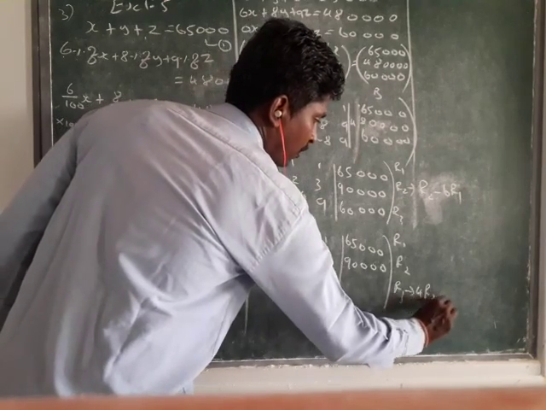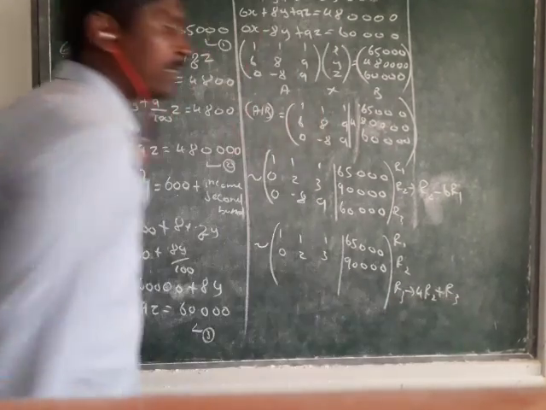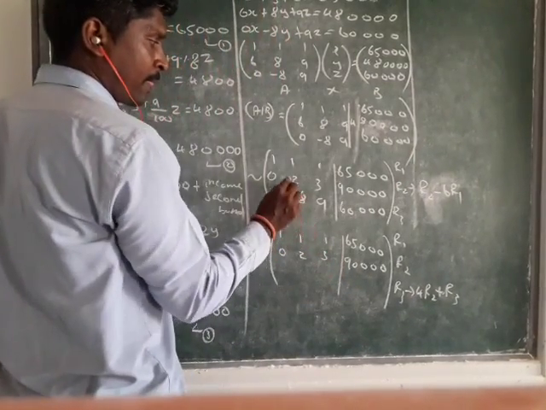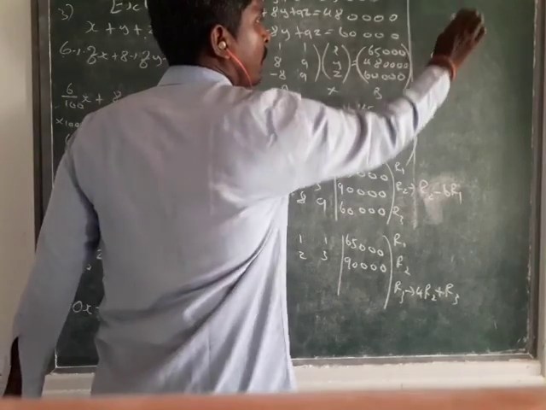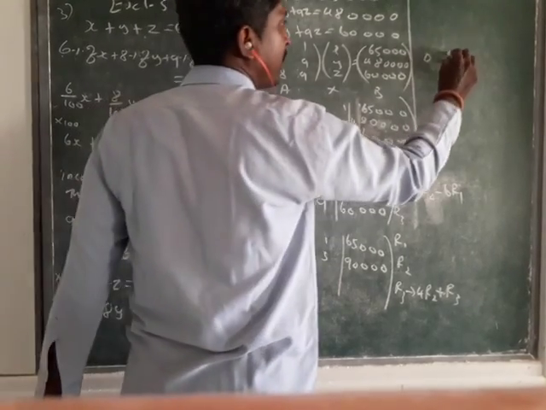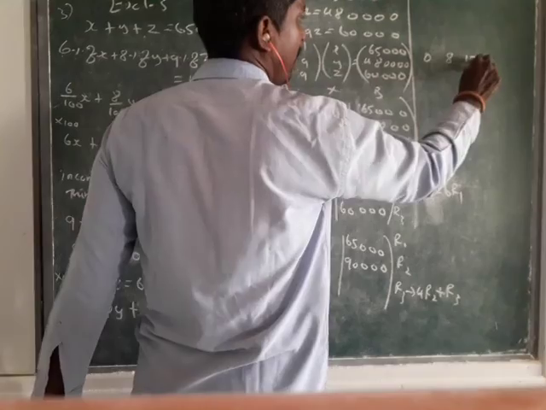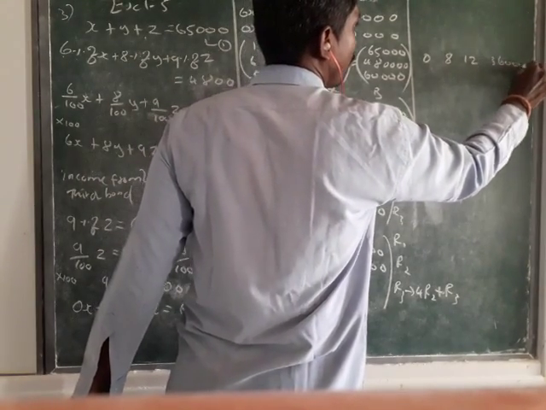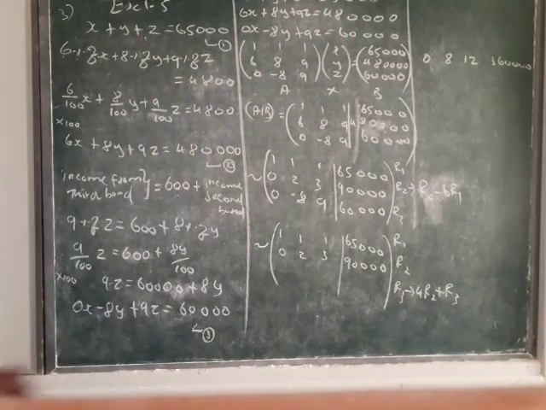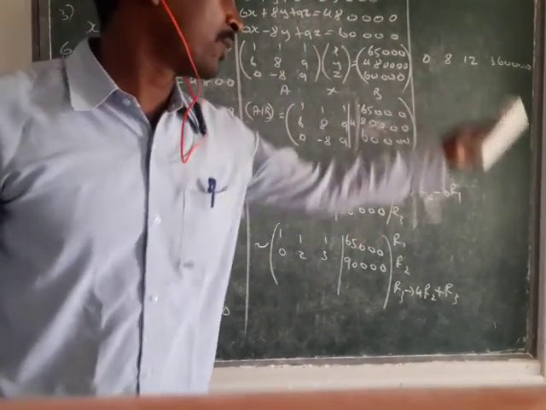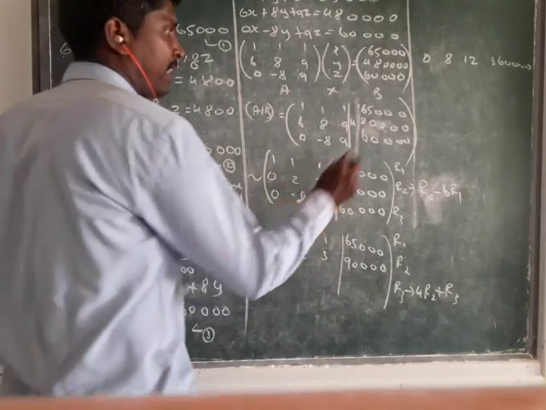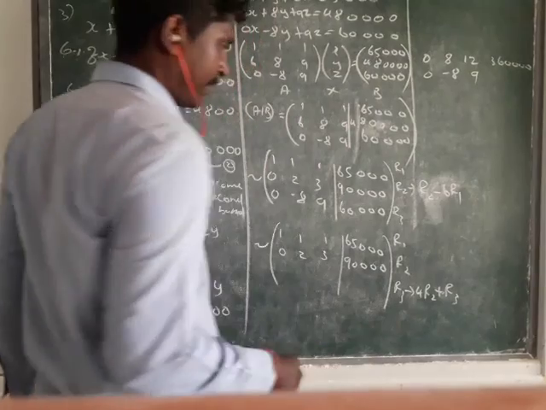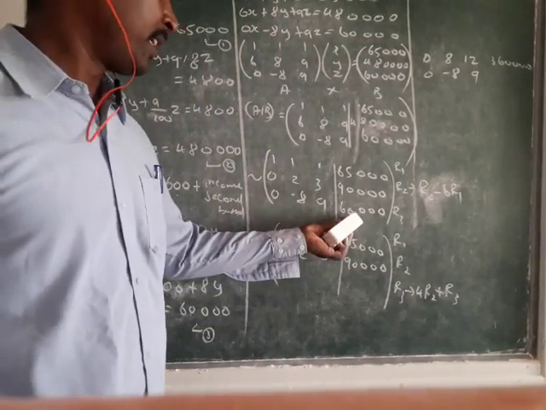Multiply 4 into R2: 0 into 4 is 0, 4 fours are 8, 3 fours are 12, and 90,000 into 4 is 3,60,000, 3 lakhs 60 thousand. So write R3: 0, -8, 9 and 60,000.